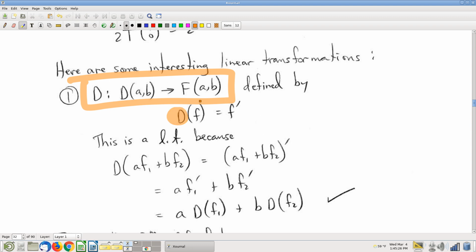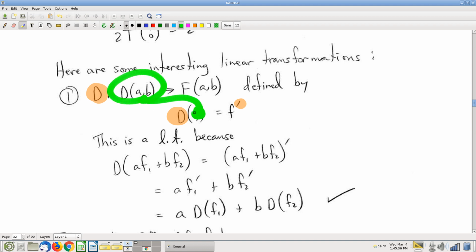What D does is it takes the derivative. So specifically, this D, if you give me a differentiable function f, what D does to that differentiable function f is it returns this function called f prime.